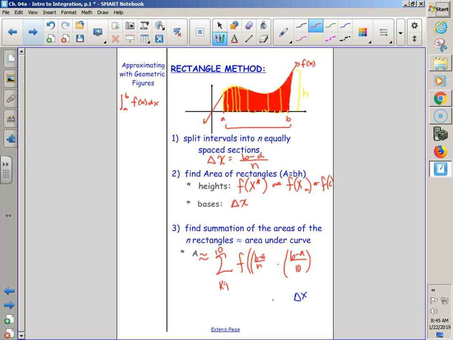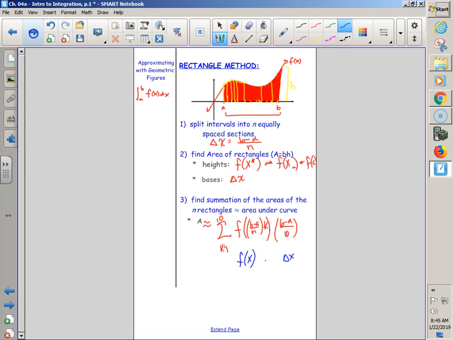I need to count by these. I could do something like that, to where it's f of the first b minus a over n, and then f of the second b minus a over n. So I'm jumping, jumping, jumping, plugging into my function. And here's how I have my bases times my heights.